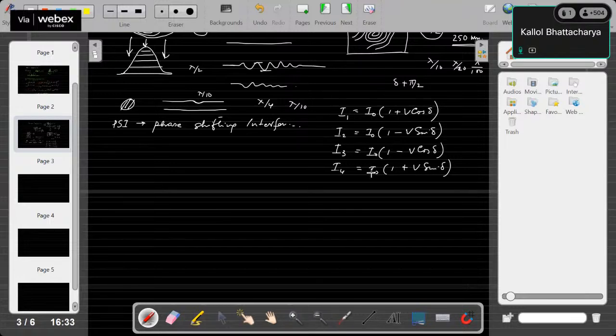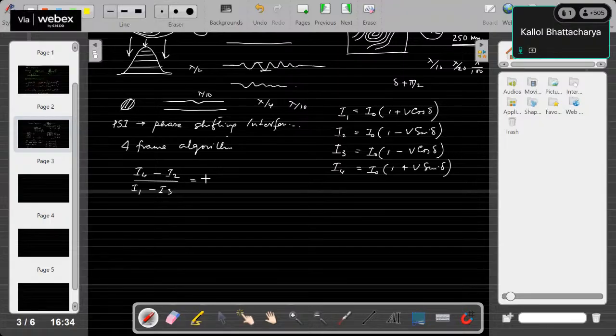Okay, and we have 4 equations. So this, we can use the standard 4-frame algorithm, which says that I4 minus I2 is 2 I naught V sine delta, divided by I1 minus I3, which is 2 I naught V cos delta.